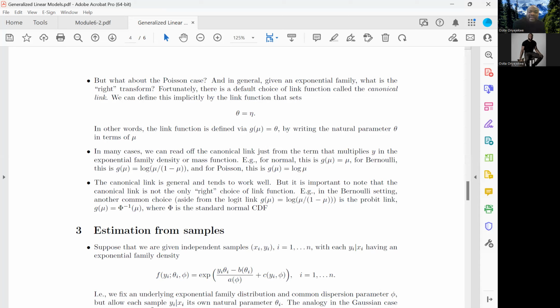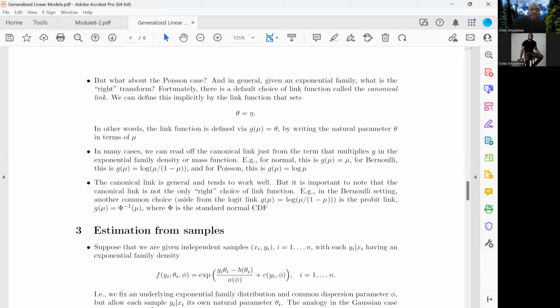Fortunately for us, there is a default choice of link function called the canonical link. We can define this implicitly by the link function that sets theta as eta. In other words, the link function is defined via g of mu is equal to theta, by writing the natural parameter theta in terms of mu.